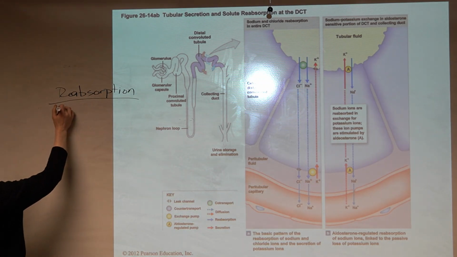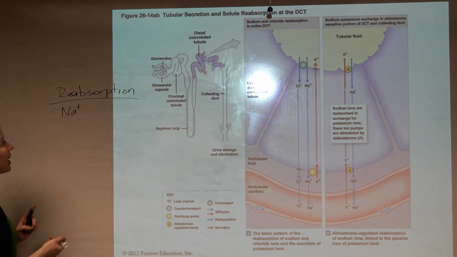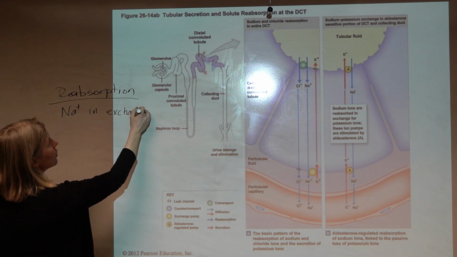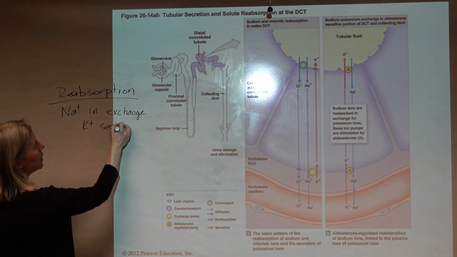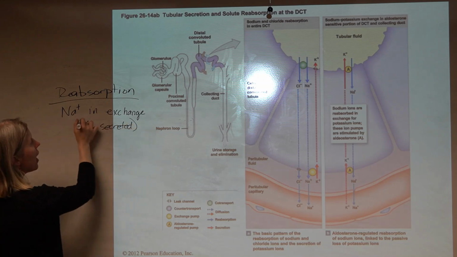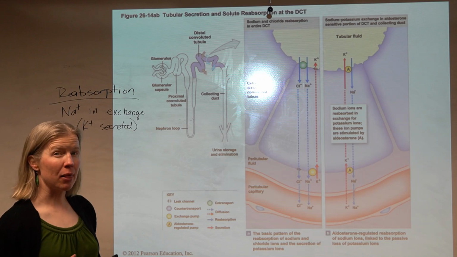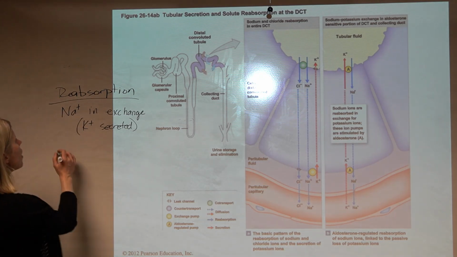So we're reabsorbing sodium, right? In exchange, potassium is secreted. And this will become really important in the next chapter as we start following the balances of some of these electrolytes, right?